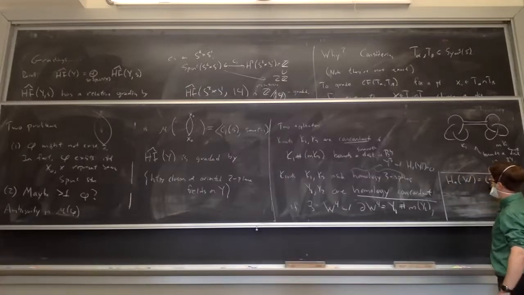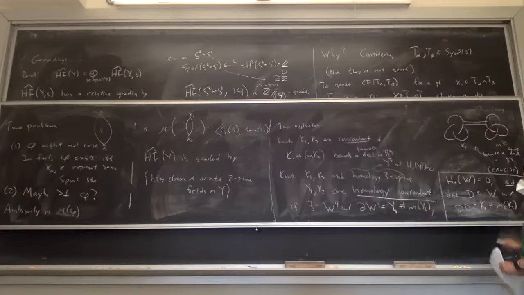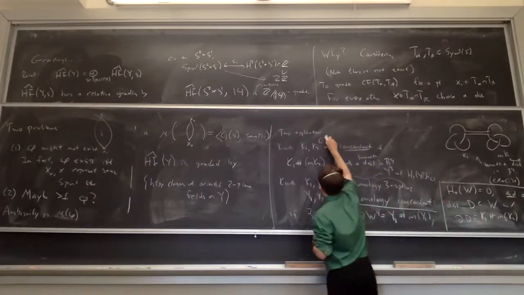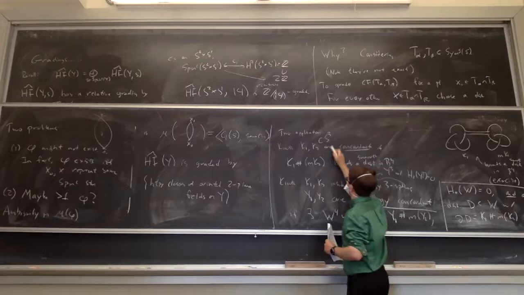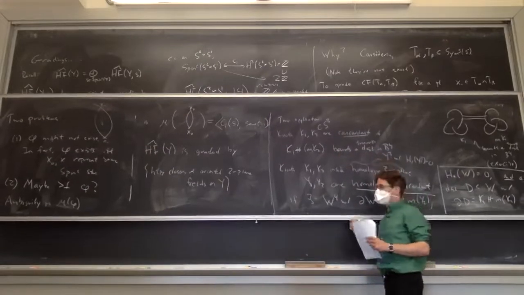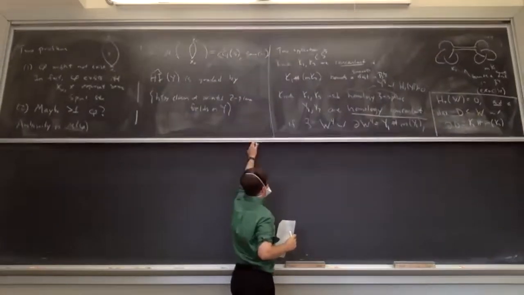W should have trivial homology, and a disk D inside W with the boundary of D, K1 connect the mirror of K2. So before, these were knots K1 and K2 inside S3. So I gave you a relation on knots, concordance, but now I've given you a relation on pairs of a 3 manifold and a knot, homology concordance.